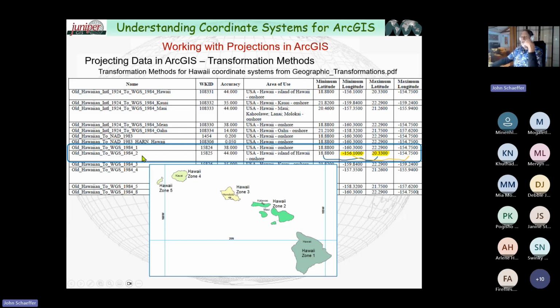So if I look at option number 2, the minimum latitude is 18.88, same as option 1, okay? But if I go over here, maximum latitude is 20.33 versus 22.29. So that's probably running from here, just south of the island of Hawaii, to maybe about here, okay? So that's a smaller box than going, say, up to here.